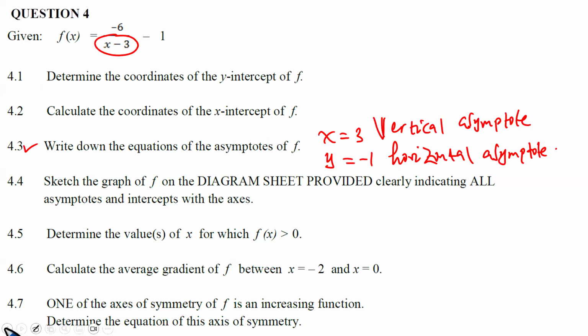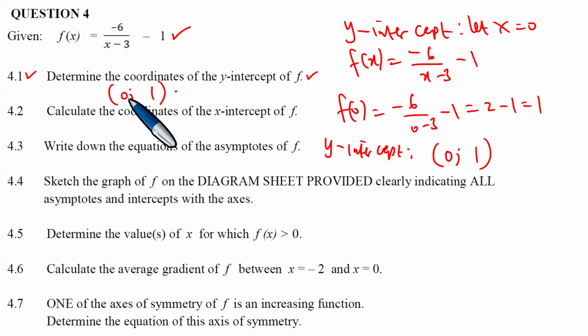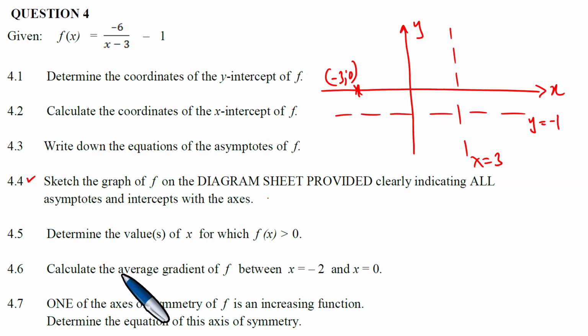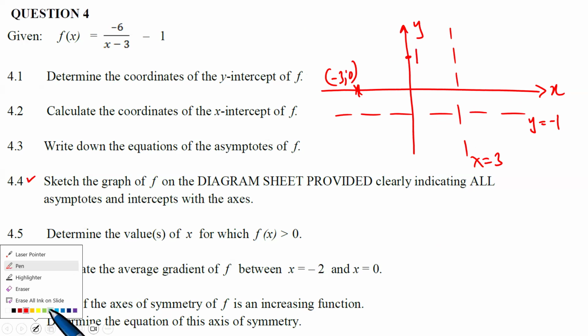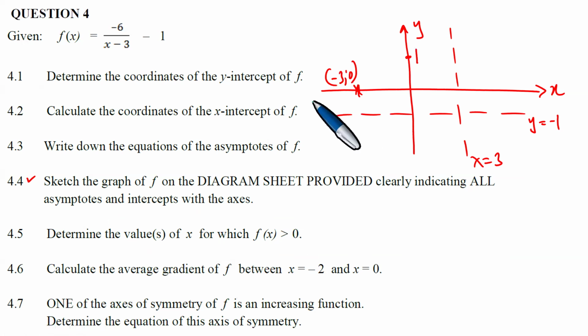And then we also have the y-intercept, which is 0 and 1, where y equals 1. So it's exactly at 1 here. And therefore, we need to sketch this particular graph. So the question becomes, how will this graph most certainly look? You can see that the graph is going to be exactly like so.